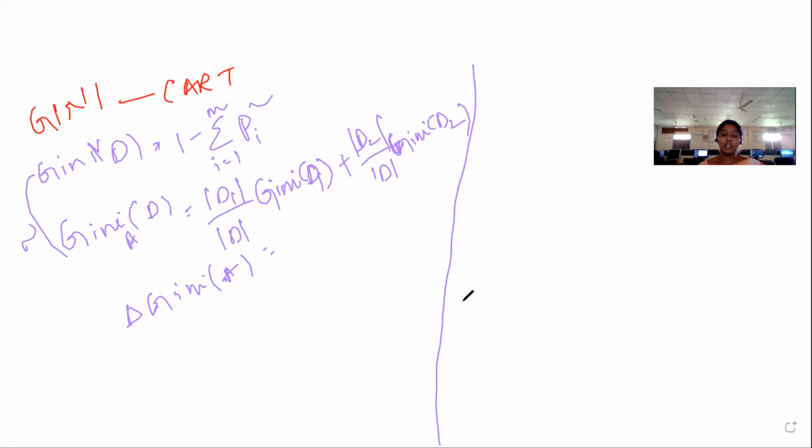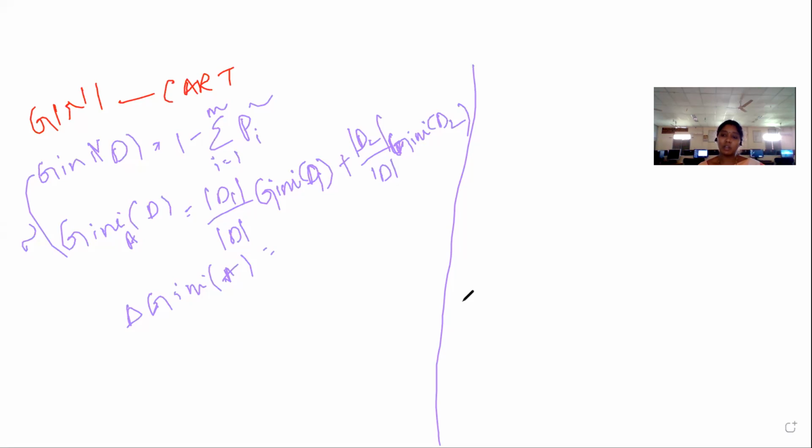And the second scenario is, if the attribute consists of continuous values, then how can we move forward? If the attribute consists of continuous values, what's the case? Some terminology is there, there is some point. The name of the point is called split point.